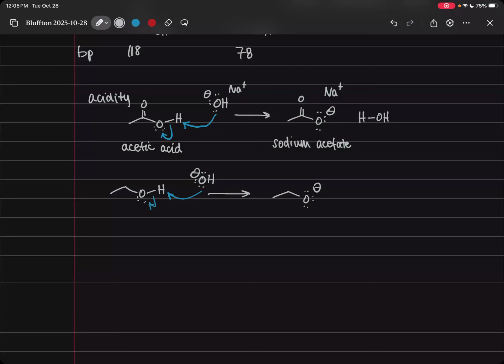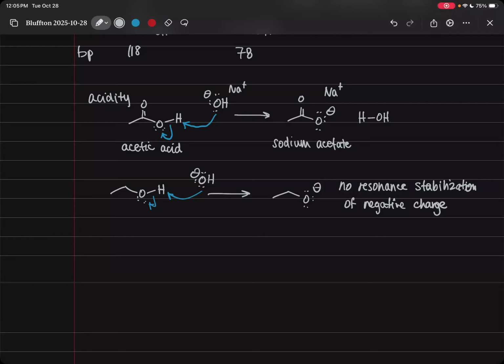But the problem here is there's no resonance stabilization, at least referring to the negative charge. In ethanol, the negative charge is sat there on the oxygen, and it doesn't really have anywhere to go.